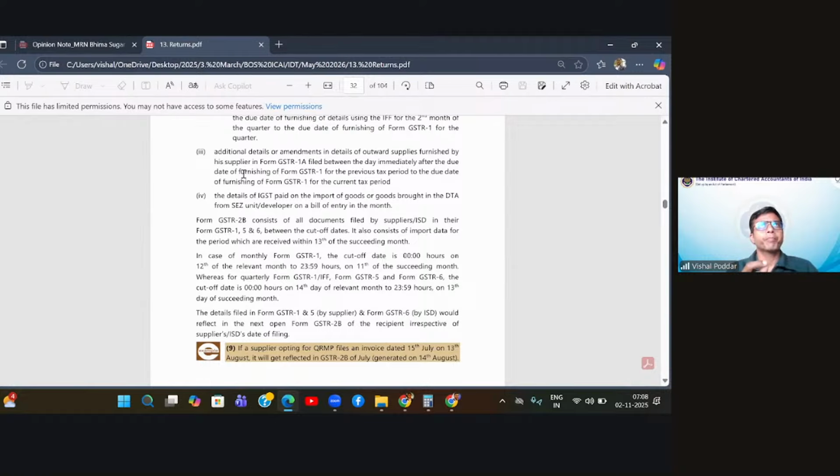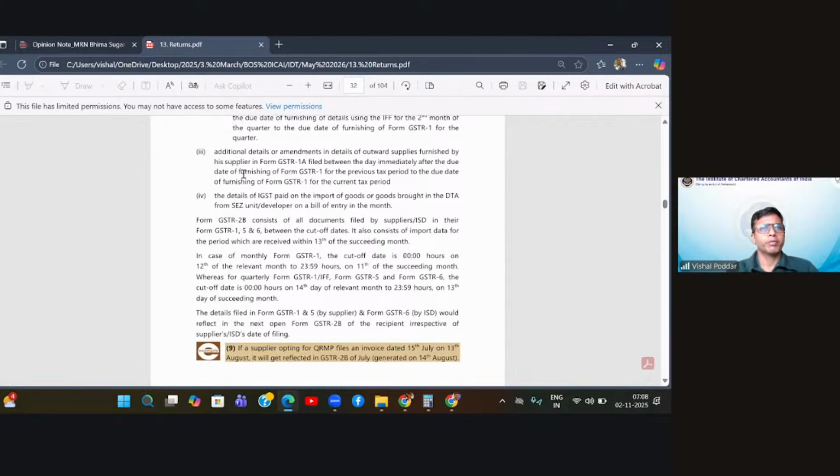Whatever GSTR1s are uploaded up to November 11th, midnight 12, those only would be reflected in 2B of October at the end of the recipient.